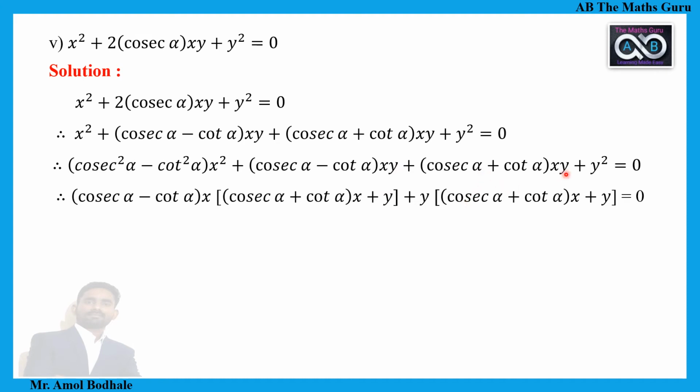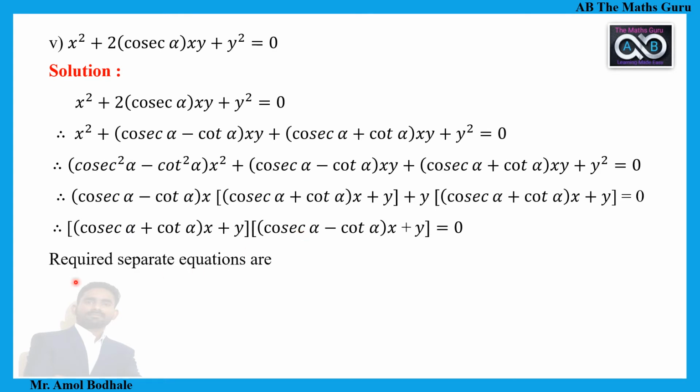Similarly, from these two terms only y is common. So y into cosec alpha plus cot alpha plus y. So again from the first and second term we have common (cosec alpha plus cot alpha) x plus y. So we'll get (cosec alpha plus cot alpha x plus y) into (cosec alpha minus cot alpha x plus y). So here the given expression is written as a product of two terms.